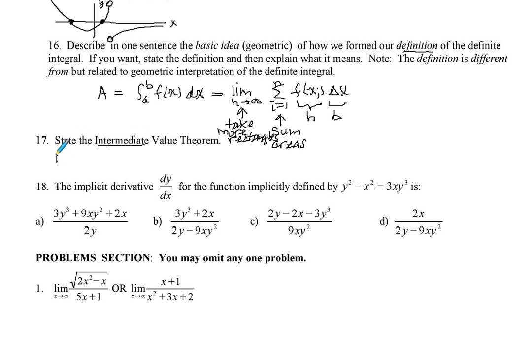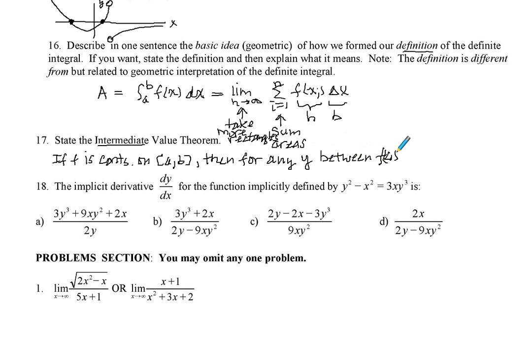The intermediate value theorem said that if a function f is continuous on a closed interval [a, b], then for any y that's between f of a and f of b, the function has to hit that y value.